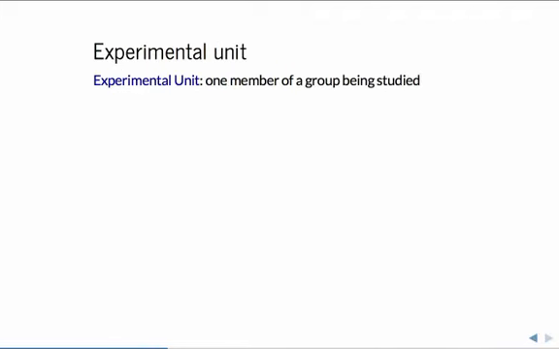Alright, so what is an experimental unit? Well, this is basically just one member of some group that's being studied. It might be helpful to have a couple of examples. We might be running an experiment where we're looking at a number of soybean plants and something about those plants, and so each particular plant will be one experimental unit.